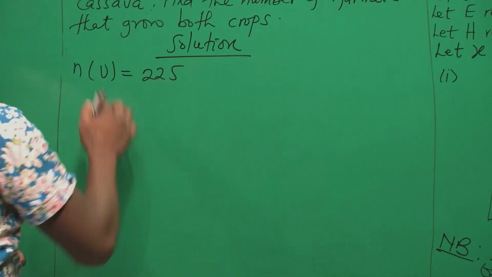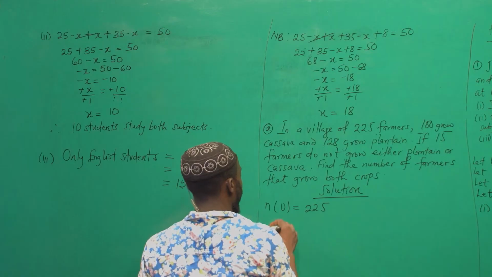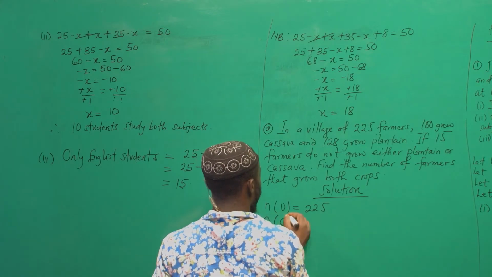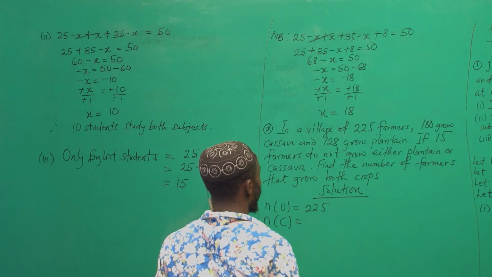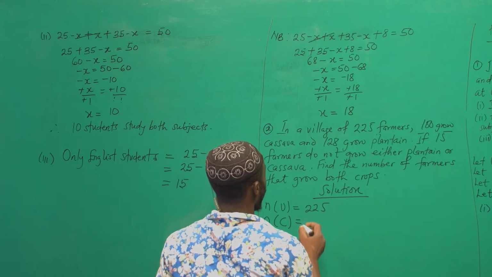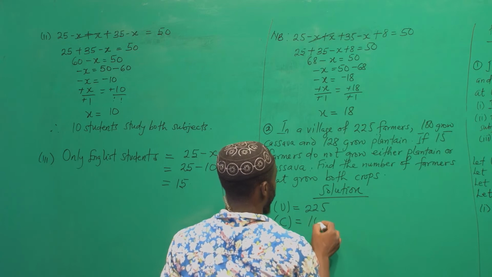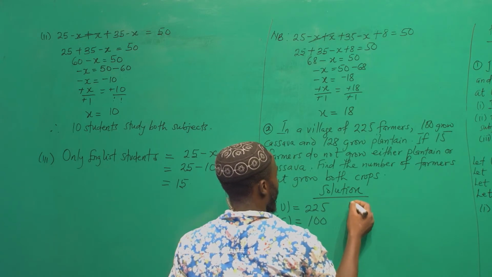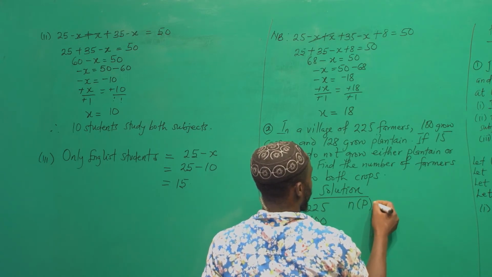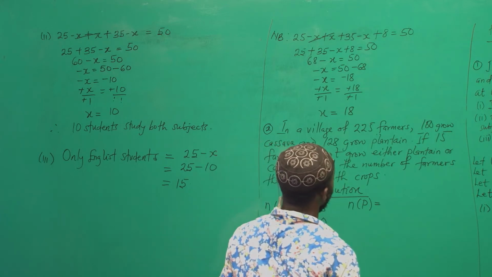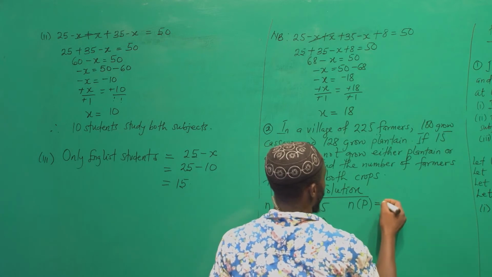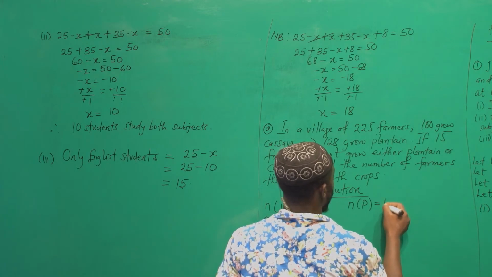Then I choose the first one, cassava. I choose capital C. So let C represent the farmers growing cassava. And that one is 100. Then plantain, capital P. Let capital P represent farmers growing plantain. And therefore, my n of P is 128.